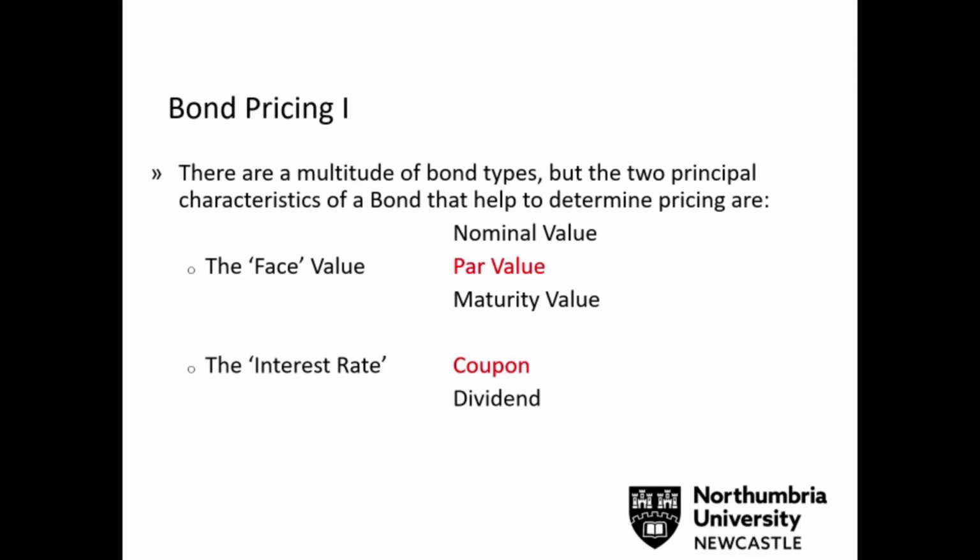Typically, bond interest rates are fixed, a fixed amount that will not change. However, you can get index-linked bonds or variable bonds, but this depends on the characteristics of the individual product. Typically, most gilts, government debt, are fixed income paid semi-annually.